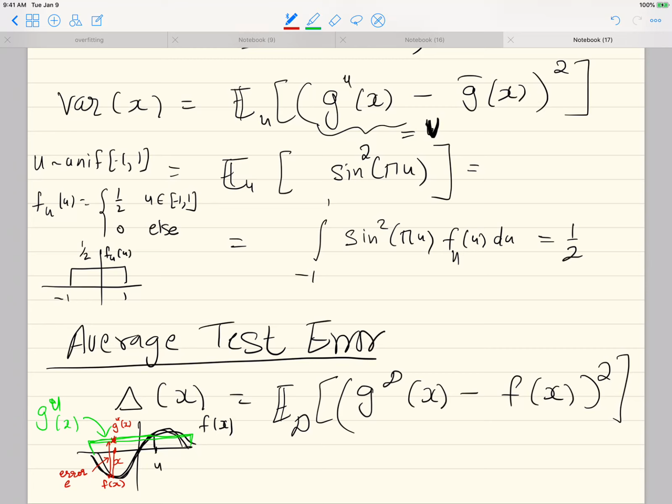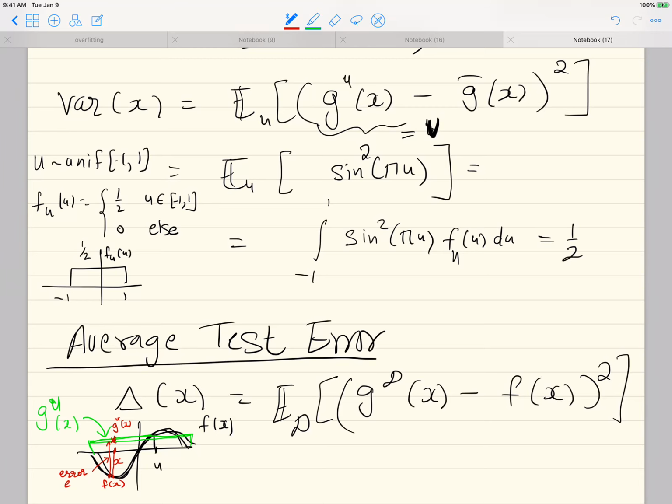Because this is random, depends on d, and we want to know how good we do on average, we take the expectation with respect to d. So we do it for each line. Sometimes if u happens to be close to this point x, if you are somewhere here, then the gap will be very small.